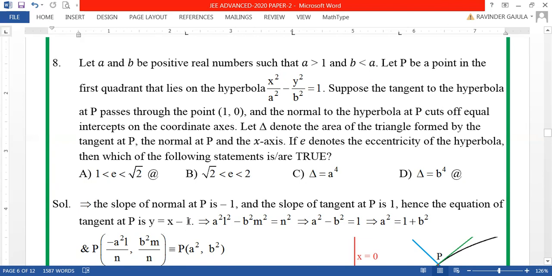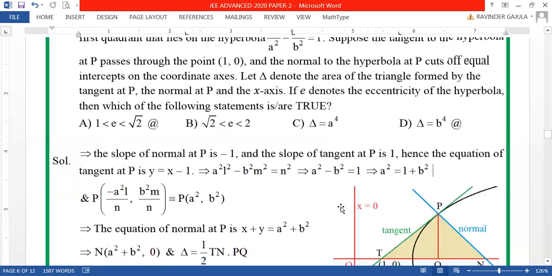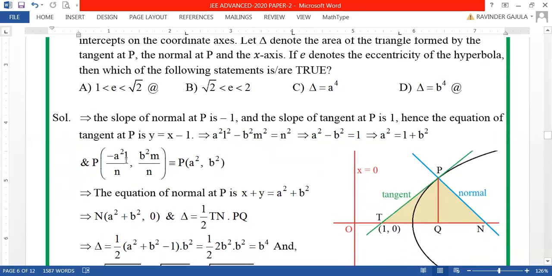But since this is a tangent to the hyperbola, the condition is a square l square minus b square m square equals n square. So just applying this condition on the straight line, you will have a square minus b square equals 1, so that a square equals 1 plus b square. And the point of contact will be minus a square l by n comma b square m by n.